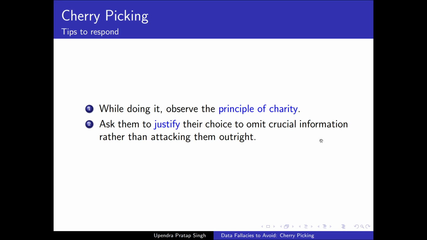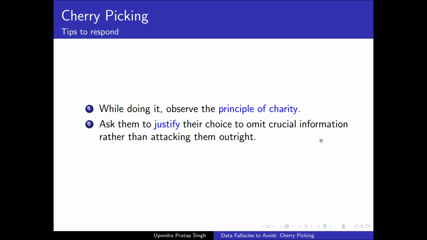So there is no need to confront the researcher. You can simply talk to the person and explain your point, assuming that even if there is cherry picking, it is more likely an unintentional process. And in some cases, you can also ask the researcher or the data analyst to justify their choice of omitting the information that you think is crucial.